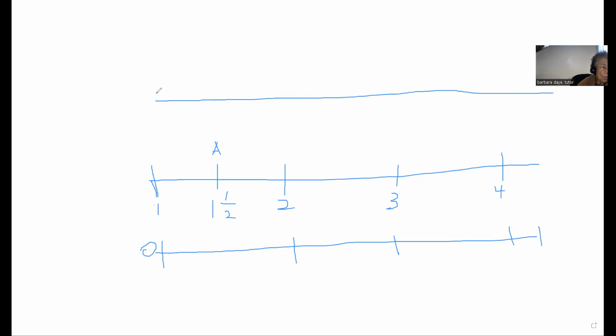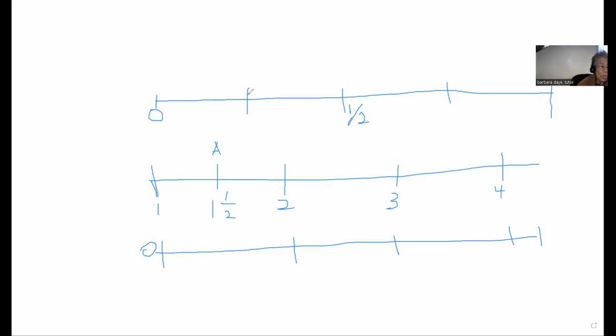I want you to understand fractions. So this is a 0 and this is a 1. Halfway between 0 and 1 is a half.